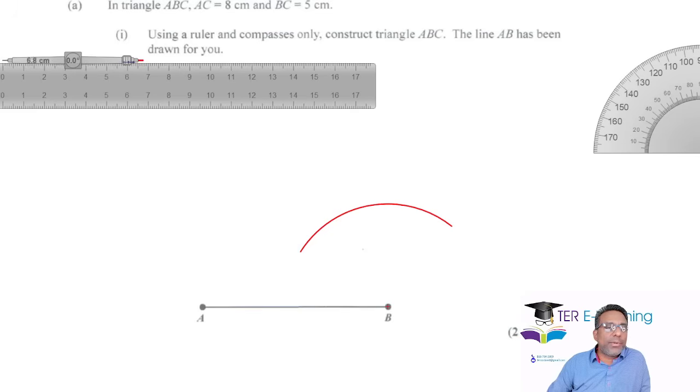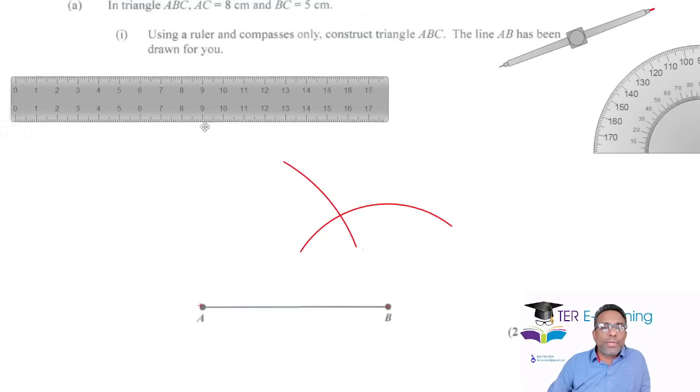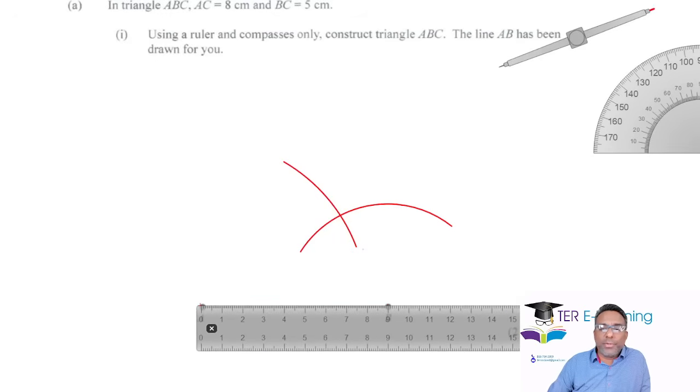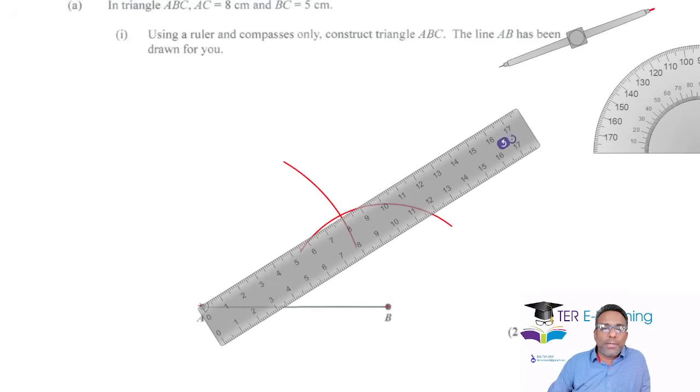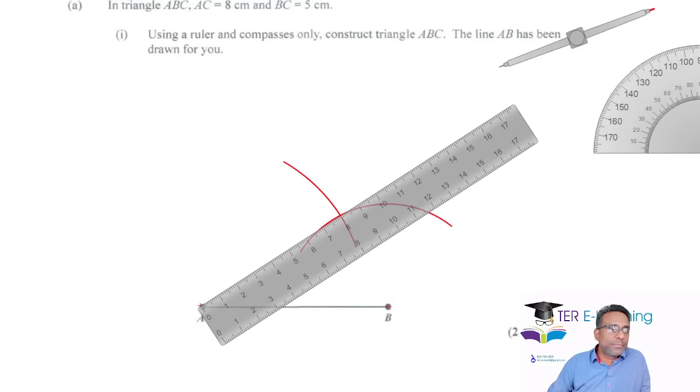So this one here, we're going to open this to 8 cm. Right, so that's 8 cm here. So we're going to draw an arc here. Then we're going to take our ruler and draw this line.